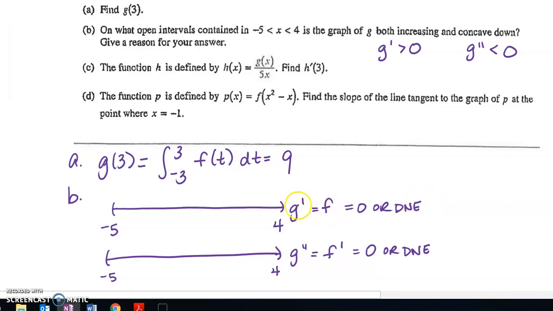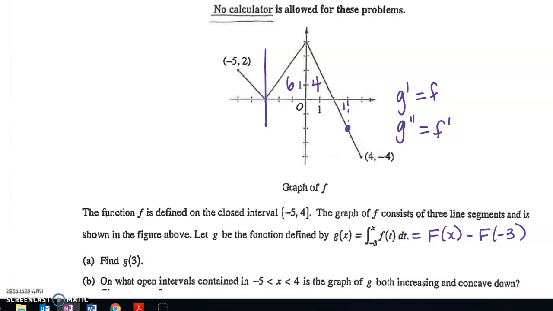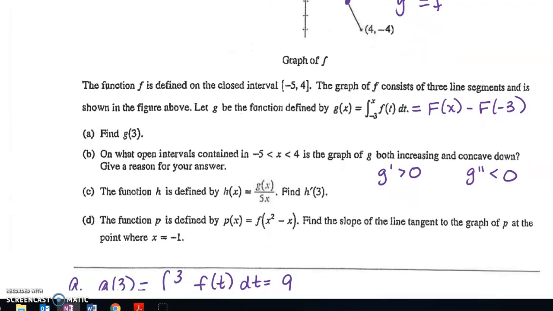At the first sign chart where g prime equals f, that will equal 0 at the x-intercepts in f. And there's not a place where it doesn't exist. So we're only going to consider -3 and +2.